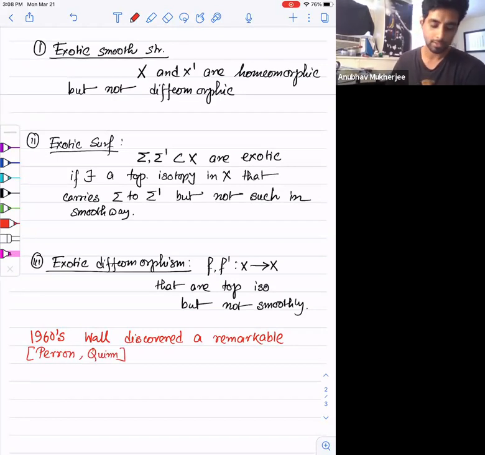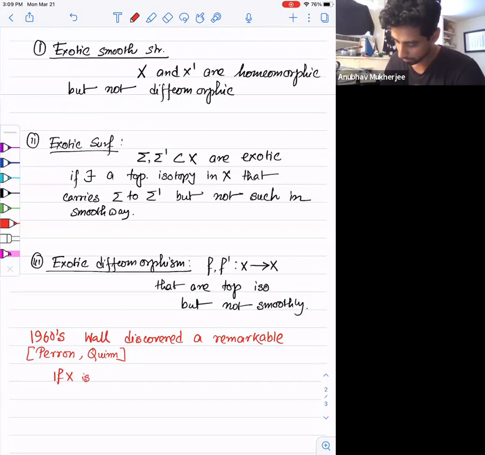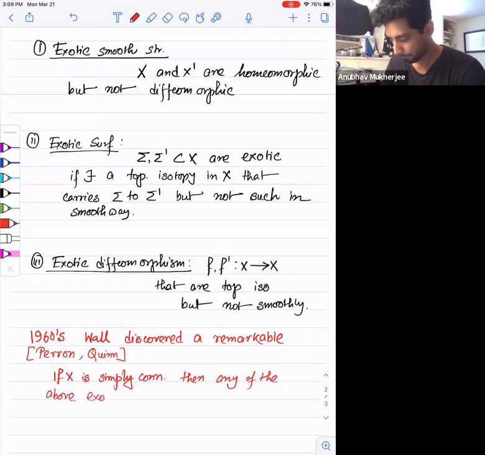What they proved, essentially, is that if X is simply connected, then any of the above exotic phenomena disappears after sufficiently many stabilizations.